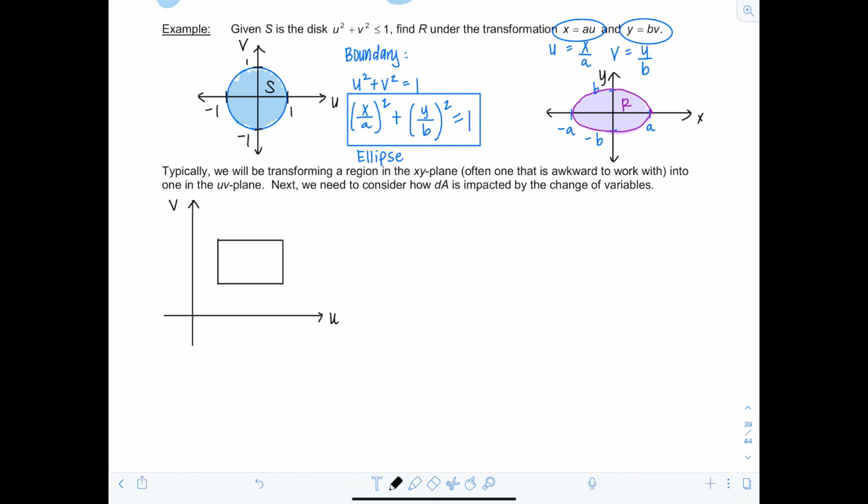Okay, so here's my beautiful little region, and say I chopped it up into a lot of smaller bits, and I'm just going to look at a small increment delta s. Okay, so we're in the UV plane. That means the distance along the base is delta u, the height is delta v.